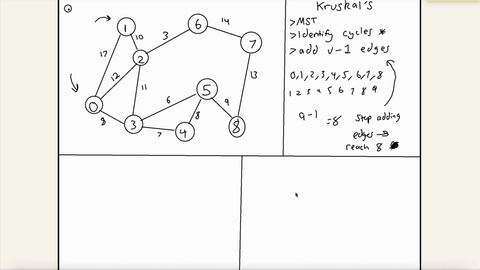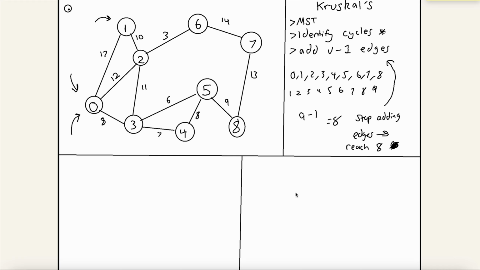Okay, so as I said, it helps that these vertices are ordered, but that doesn't necessarily make a difference in how Kruskal's algorithm works. Taking a look at this graph here, just using our eyes, we want to try and find the smallest edge weight, and we want to start with that.